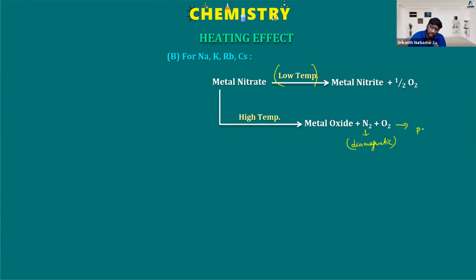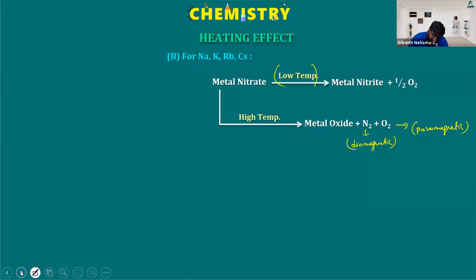O2 is paramagnetic. If you heat metal nitrate at high temperature for sodium, potassium, rubidium and cesium, you get one diamagnetic and one paramagnetic gas. Whenever you heat lithium or any group 2A metal nitrates, you will get two paramagnetic gases, NO2 and O2.